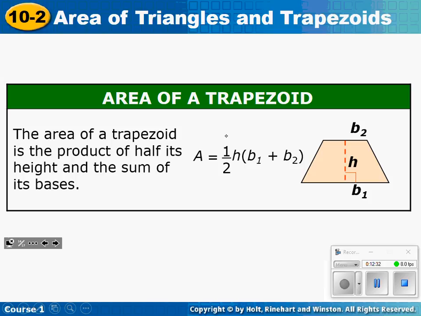Write it down: A equals 1/2 times the height, and then in parentheses, B1 plus B2. It's just one of those things you have to remember. There's no rhyme or reason to it. There's no real explanation that I have for you right now. I just want you to understand how to plug all of that stuff in.